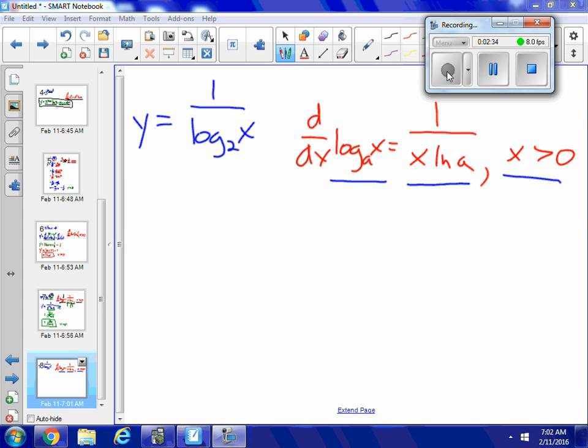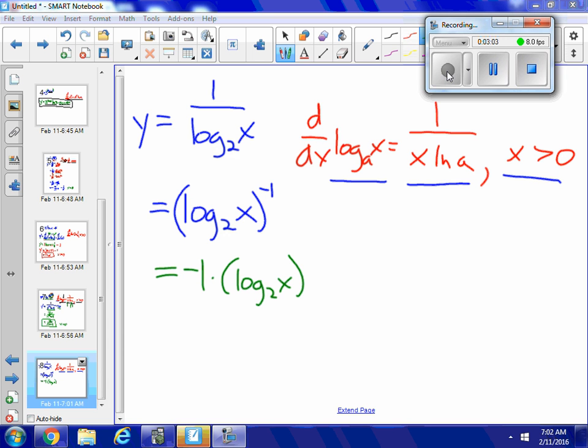So I'm looking at this. I'm going to change this function so that it's log base 2 of x to the negative 1. Easier for me to do that, and then I can use the power rule instead of having to use the quotient rule. So this is going to equal negative 1 times log base 2 of x to the negative 2.